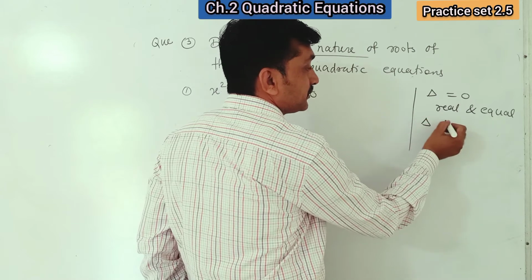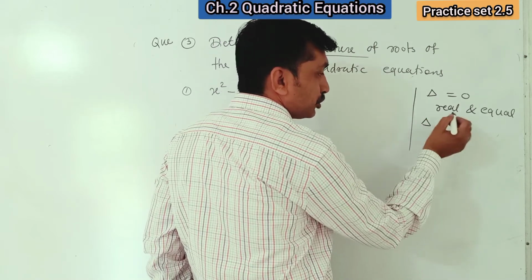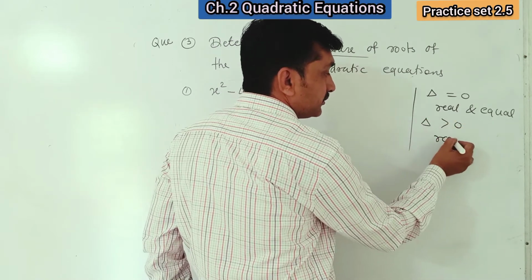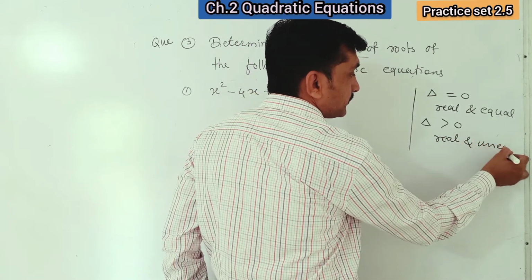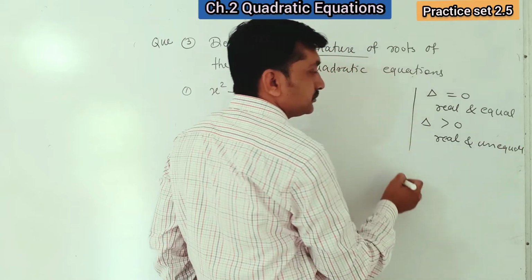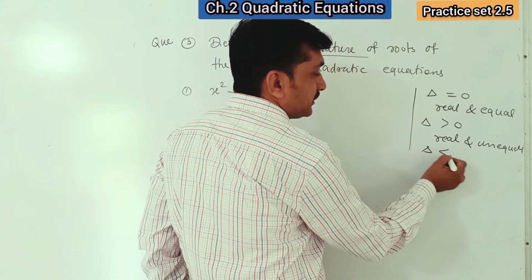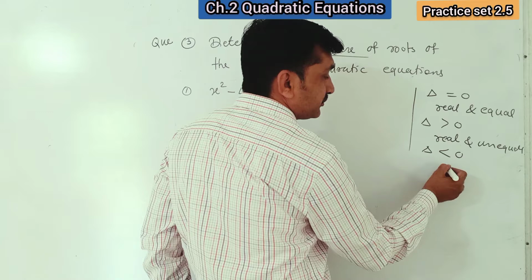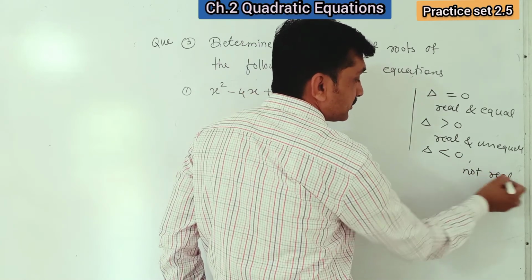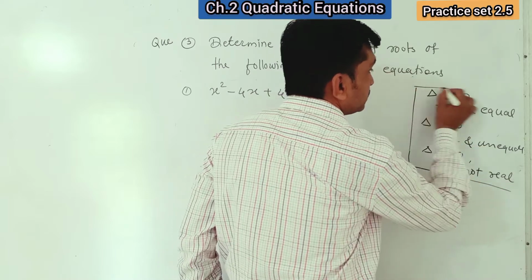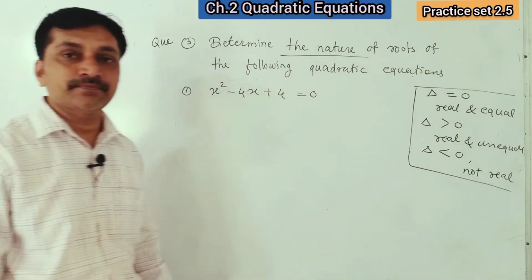If you get delta greater than 0, then roots of equation are real and unequal. And if you get delta less than 0, then roots of equation are not real. These 3 points you remember.